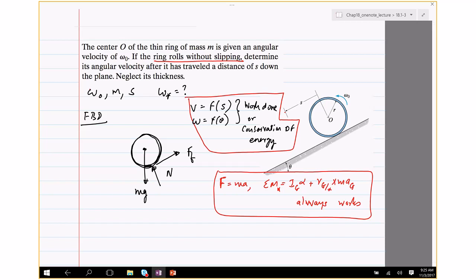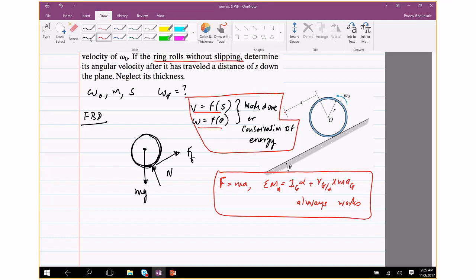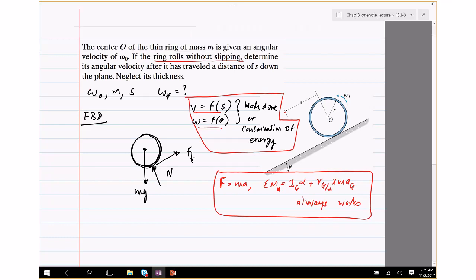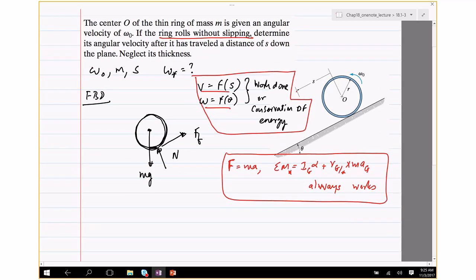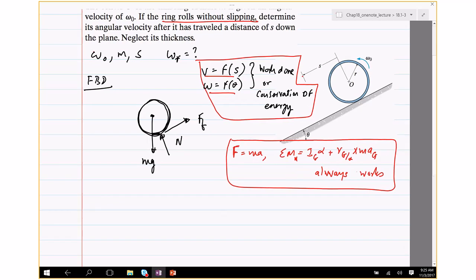This is something to remember, and you see it coming again and again in all questions in this chapter. You will usually be asked to find velocity as a function of distance, and then they might ask you to find forces. If you are asked to find forces, you are stuck with F equals ma. That is, you can use the conservation of energy and F equals ma. So the next question is actually about a mixture of the two. Okay, so let's use the principle.